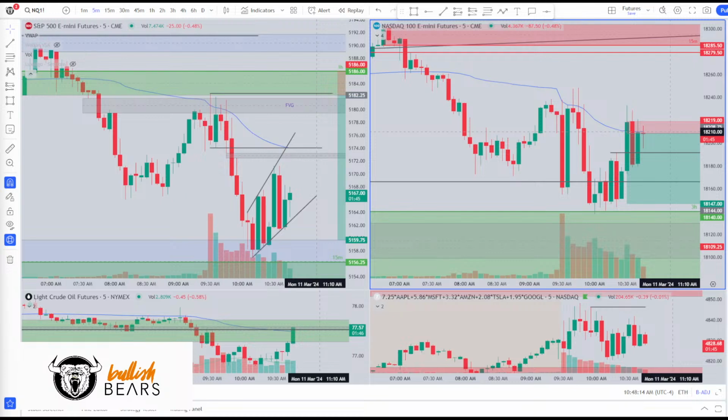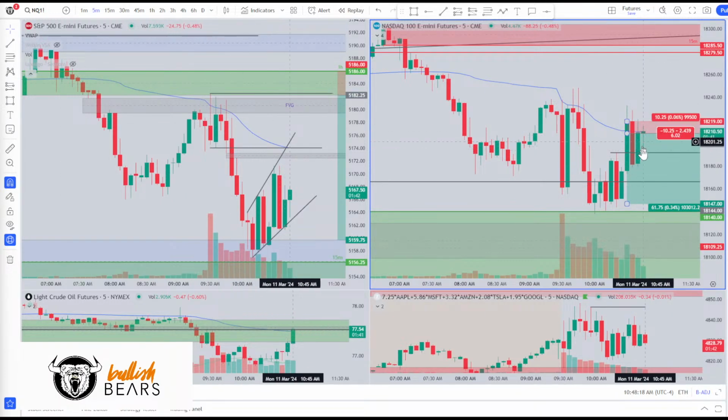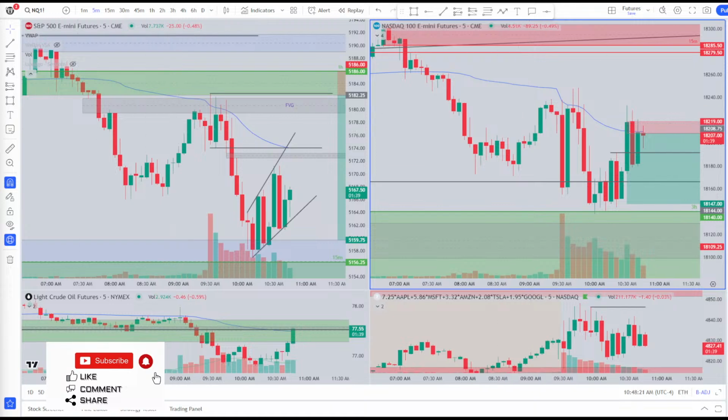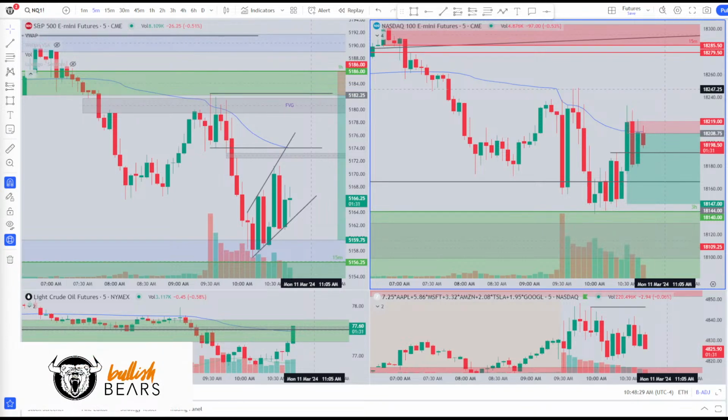Almost a cup and handle on the 5-minute. Like we had the cup, and now we just formed the handle. Now we might want to continue higher. I'm staying patient. I am still in shorts. Apple selling off. There we go. Nvidia with some selling pressure.